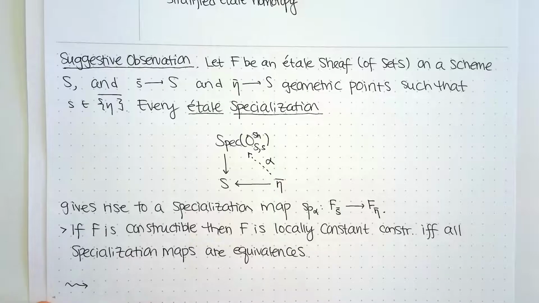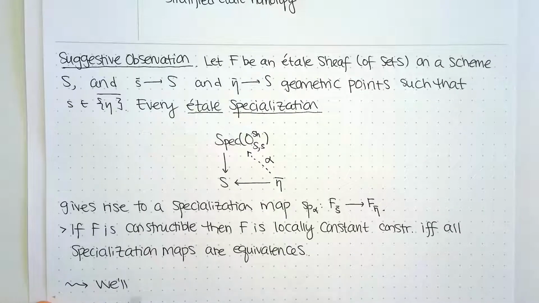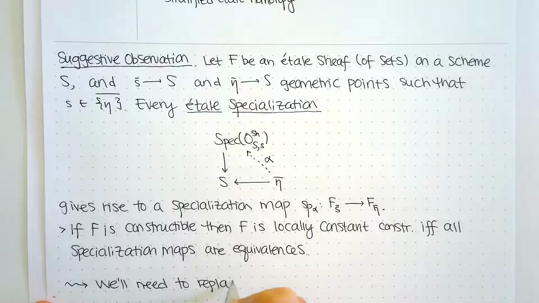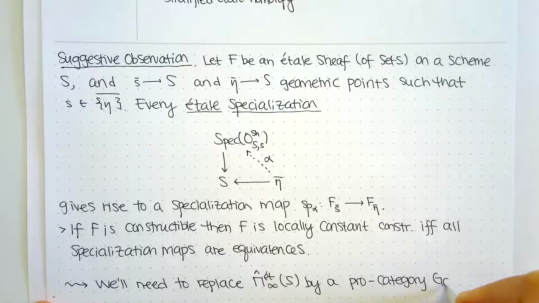So if we want one of these classification results that says basically functors out of some gadget to pi finite spaces or constructible sheaves, we'll need to replace this profinite Étale homotopy type of S by a pro category, Gal S is what we're going to call it.